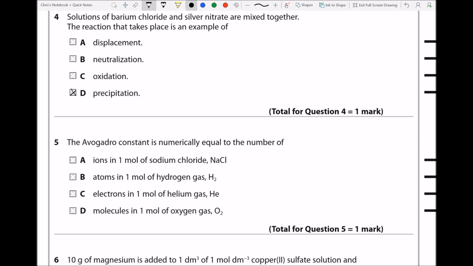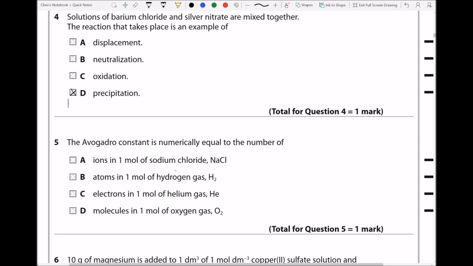Okay, question 5. The Avogadro constant is numerically equal to the number of. Right, Avogadro is basically the number of atoms or molecules in 1 mole of a substance. So that's really important. So we're just looking for an answer that matches that. A, ions in 1 mole of sodium chloride. No, that wouldn't be the case because you get 2 ions here per molecule.